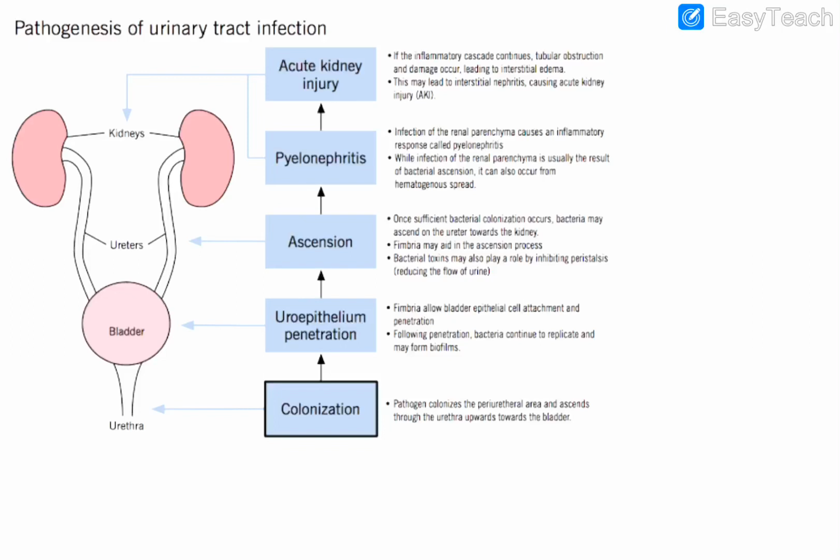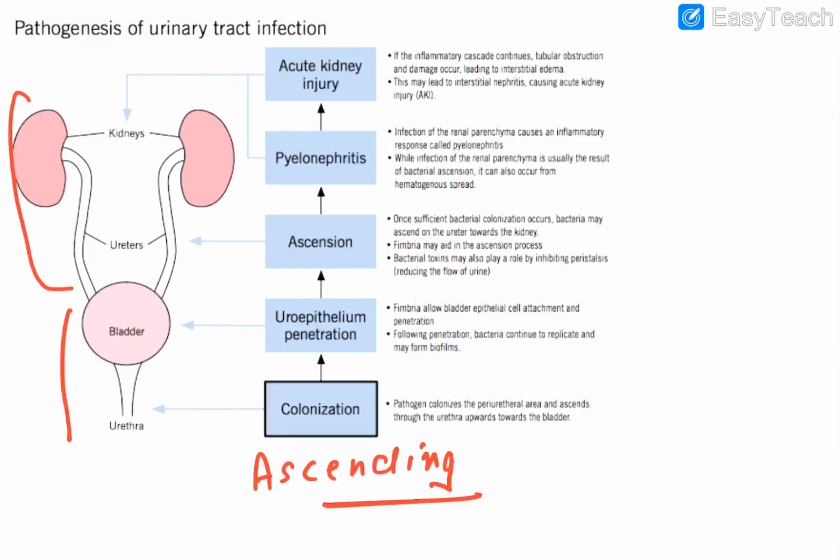No need to go deep into it, just listen once. As I've told you, bladder and urethra are the lower UT, and kidney and ureter are the upper urinary tract.